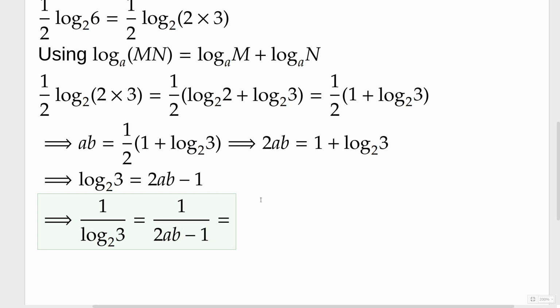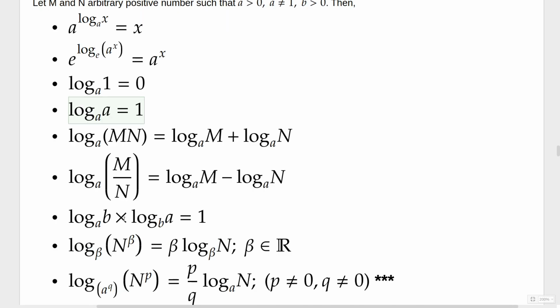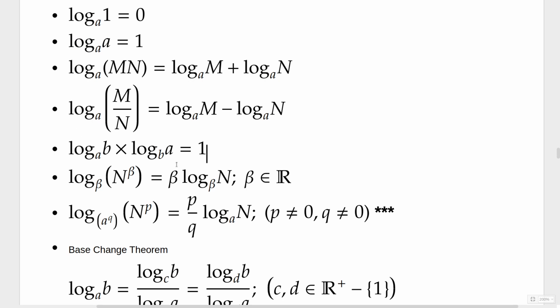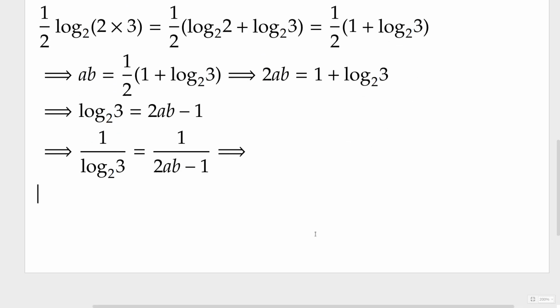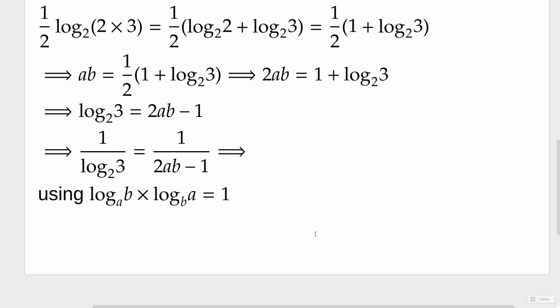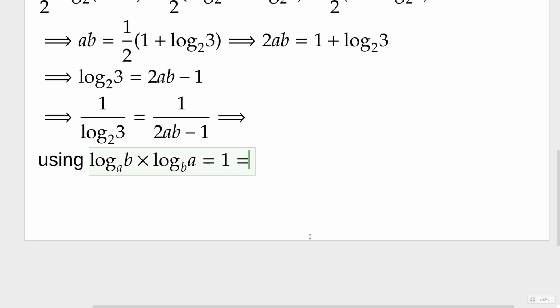Now this one again I can apply a property, this property. So how does it work? If you have something like, let's say, log a base b, so let's isolate this log a base b.